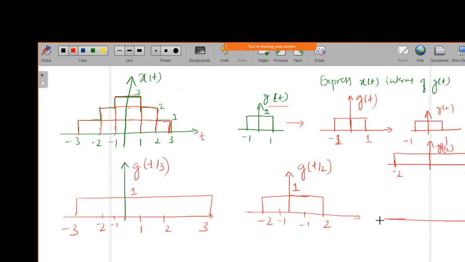And similarly if you add minus 3 to plus 3, g of t by 3.